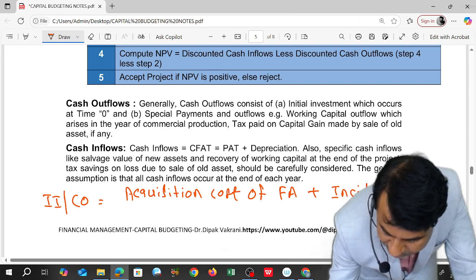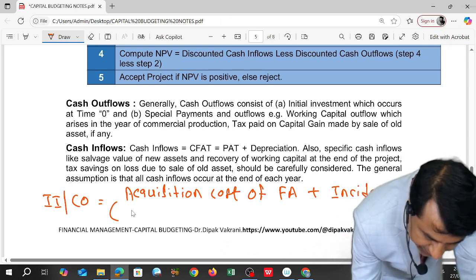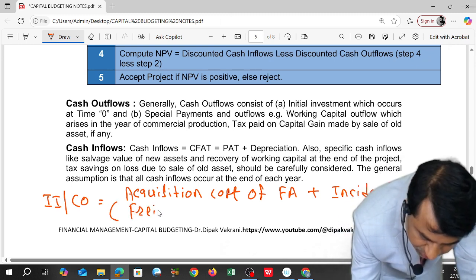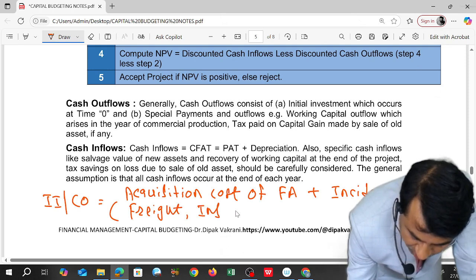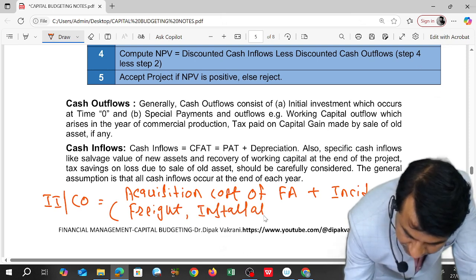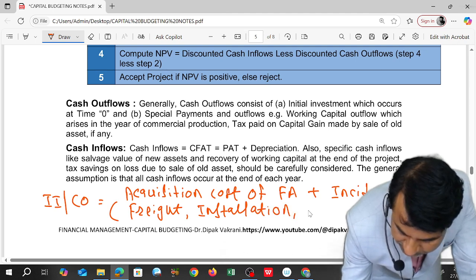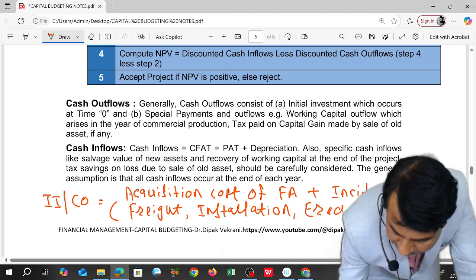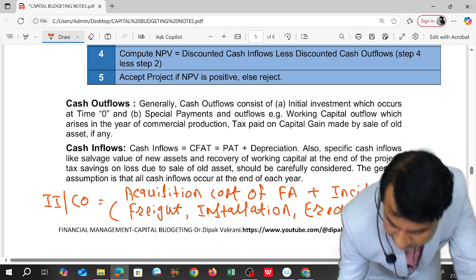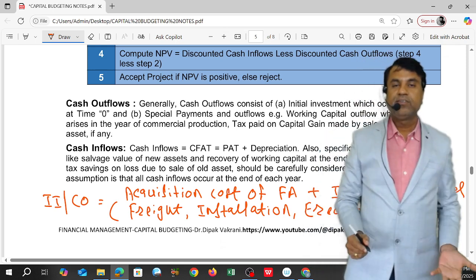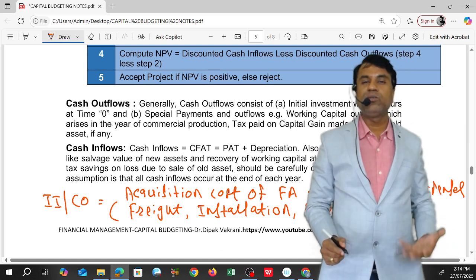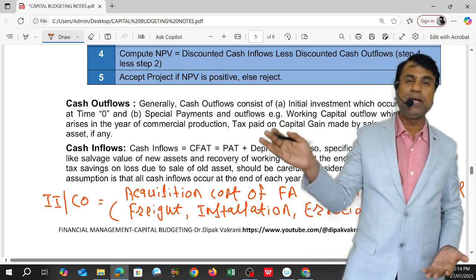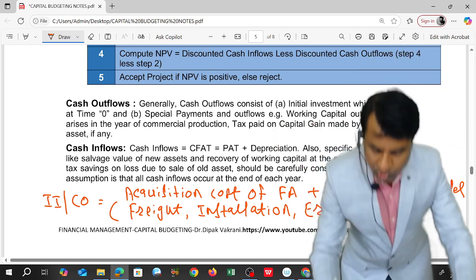Incidental expenses include, my dear, freight or carriage, we usually talk about. Along with that, any installation cost, any erection cost for the asset to be installed, or any expenses which are paid for bringing that plant and machinery, or you can say furniture and fixture, from the place of supplier to the place of factory, all should be added.